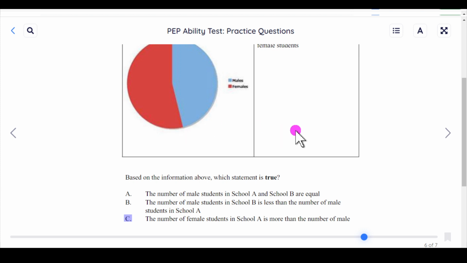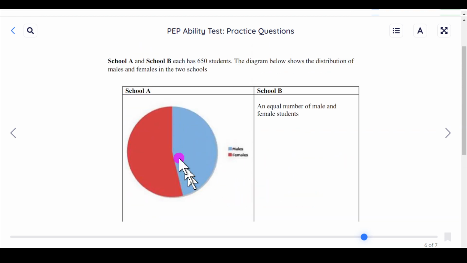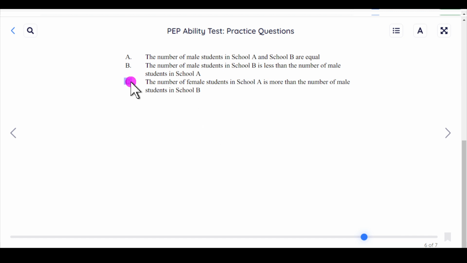So that would not be true. The number of females in school A is more than the number of females in school B. Yes, this one would be true. Why? Because the females, this color, I'm going to call it red, goes over, because if we were to draw a straight line continuing down here, it goes over. So the females over here would be more than school B, where you have a 50-50 split. All right, so that's why we would select C.